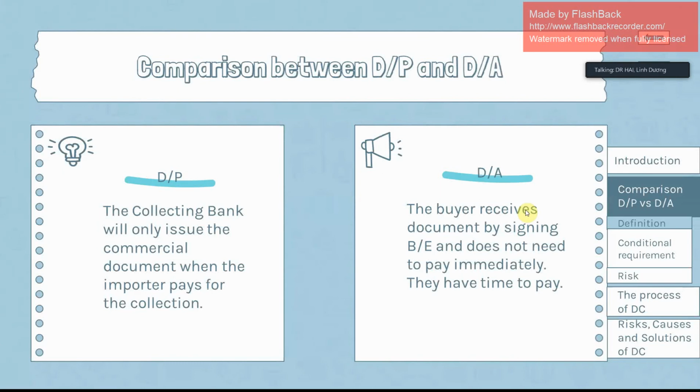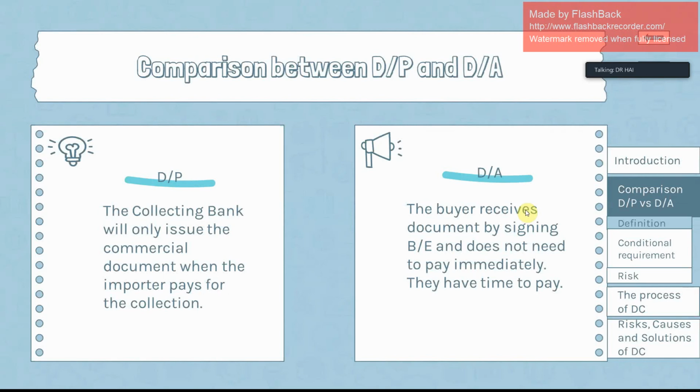Does the importer check the documents before making payment or before accepting time B? Is that clear for you? Because you mentioned checking the documents. Okay, that is the question.